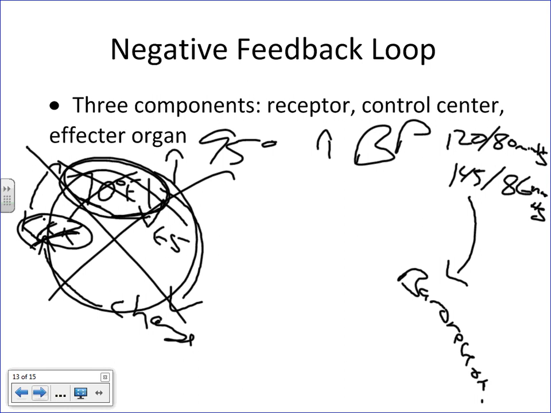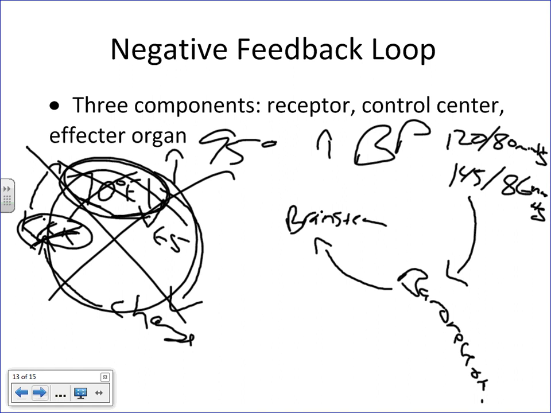So these are receptors that are sensitive only to changes in blood pressure. The blood pressure goes up, these receptors detect that, and then they start to communicate with a control center.